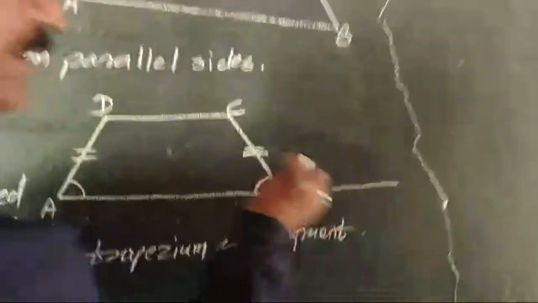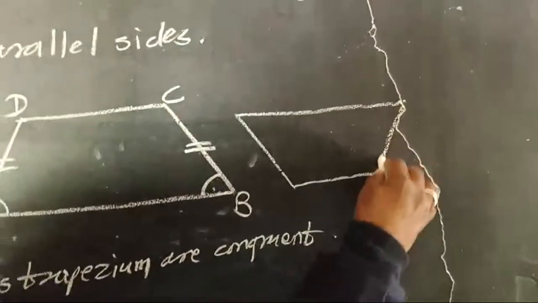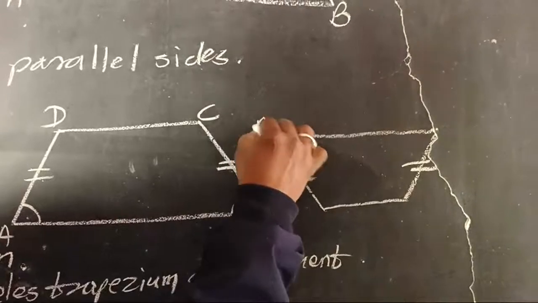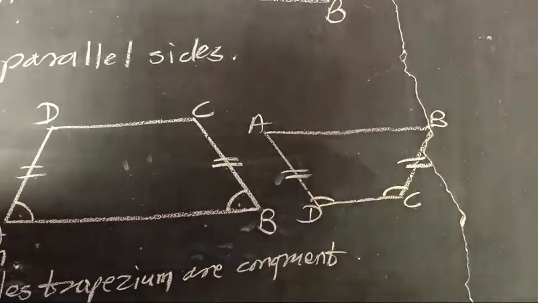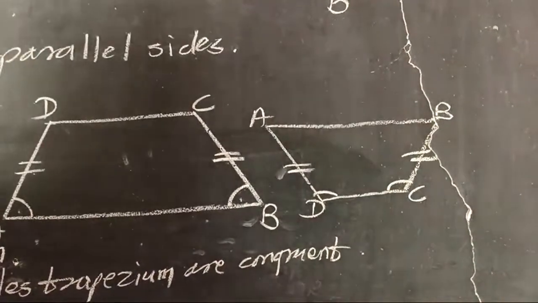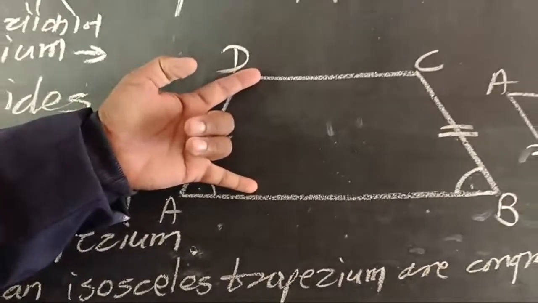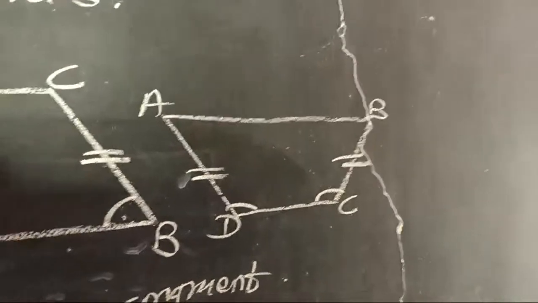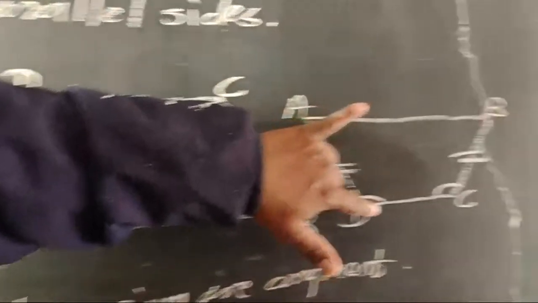And suppose, taking the base in this way, A, B, C, D. Take DC as the base, then this quadrilateral we write inversely.